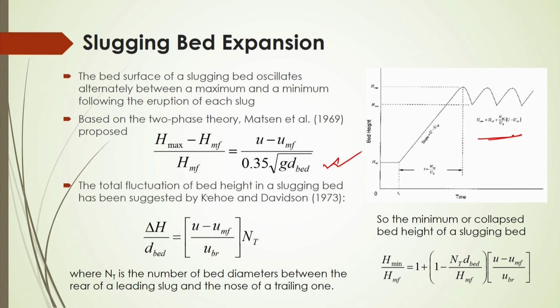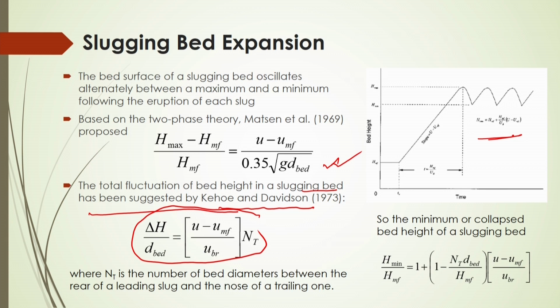The total fluctuation of the bed height in the slugging bed has been suggested by Kehoe and Davidson by this equation here. In this case, NT is the number of bed diameters between the rear of a leading slug and the nose of the trailing one, because of which there will be some oscillation.